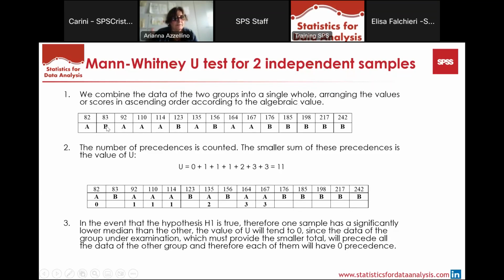And it's 1. Okay, so here I have 1. Then I need to jump to the following A number, and I have another 1, and so forth, until I reach a global value of precedences, which is 11. I can do the same for group B, obtaining another U value. And at this point, I will consider only the minimum of the two U values I have obtained.